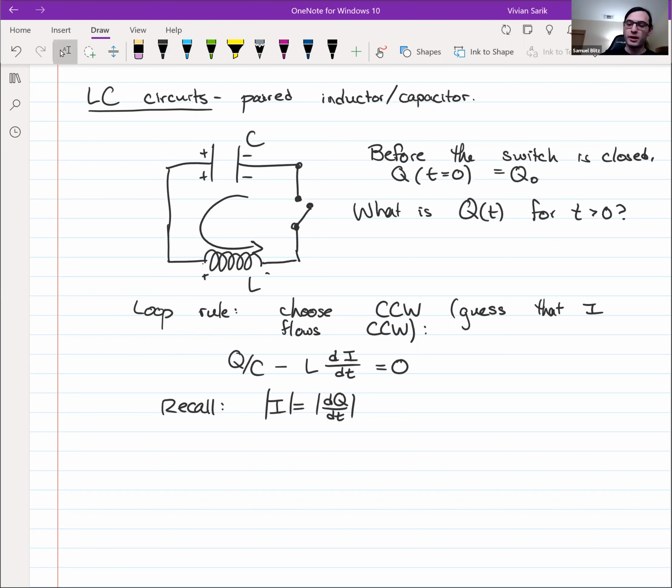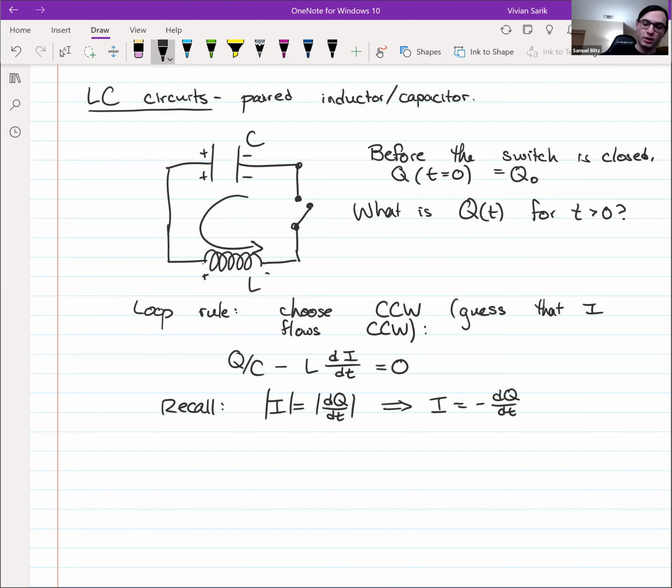So the current is the negative rate of change of the charge on the capacitor. The charge on the capacitor decreases, so dq/dt is negative, but we want the current to be positive in the counterclockwise direction. So we multiply dq/dt by a negative sign to get the correct sign.